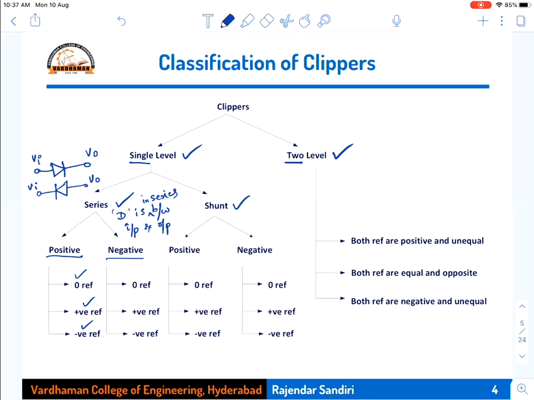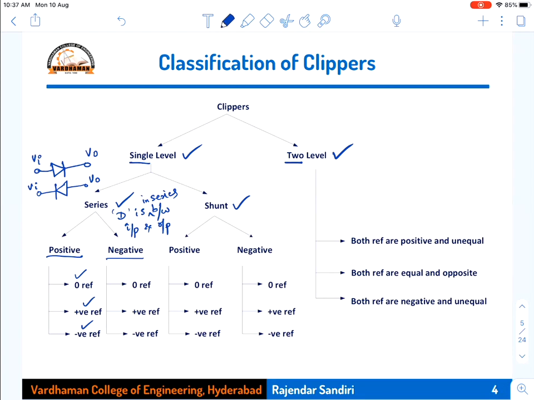So negative clippers also have a zero reference, positive reference, and negative reference. A negative clipper means the negative portion is clipped off. The negative portion can be anything defined by a level. If it is zero reference, then the negative portion is clipped off below the zero reference.